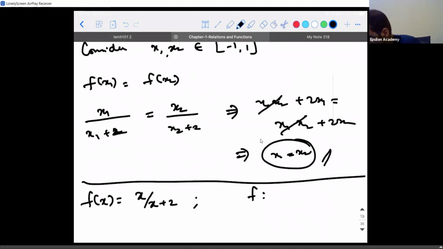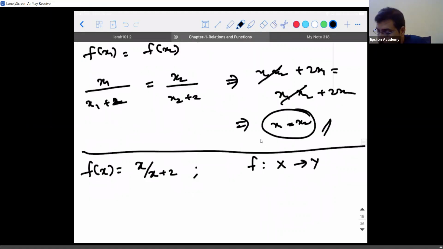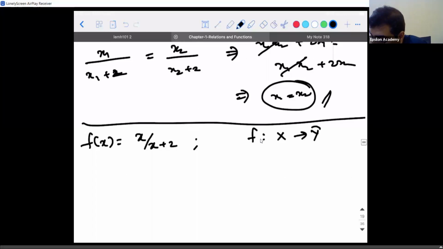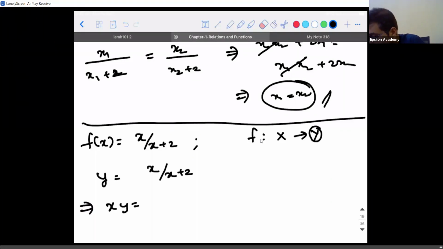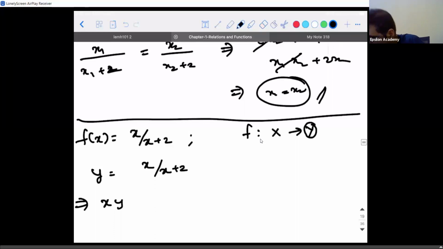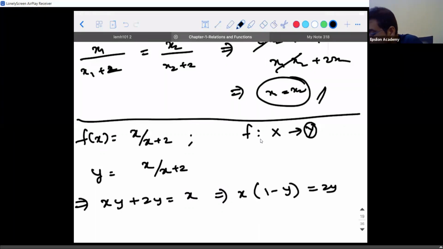So if f is a function mapped from X to Y, then I need to find out all the elements from the set capital Y which have a pre-image. So y will be equal to x divided by (x plus 2). So xy plus 2y is equal to x, who can tell me? Then what are we supposed to do? Collect all x terms on one side, x(1 minus y) is equal to 2y.